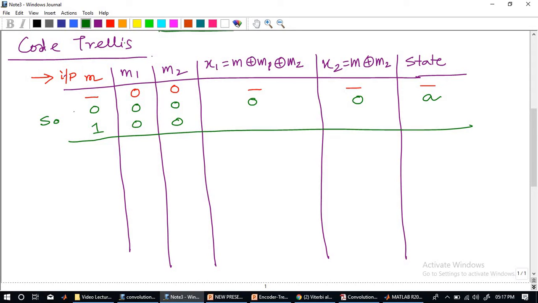So the first entry indicates that the entry was 0. Now the entry becomes 1. So what will be the corresponding state? 1 plus 0 plus 0, so your x1 becomes 1. What will be x2? 1. What is the state? D. Is it D? Okay.